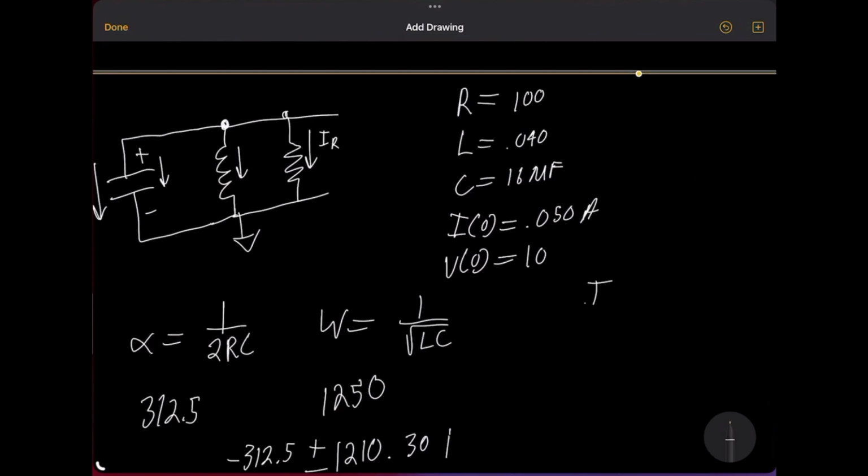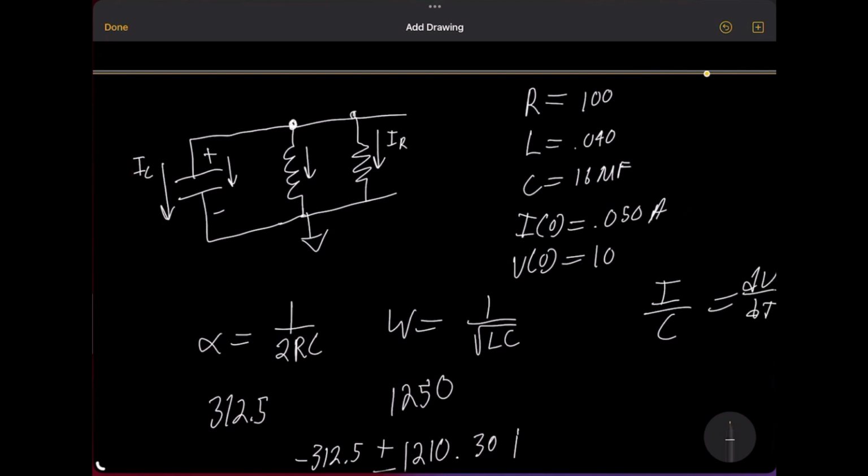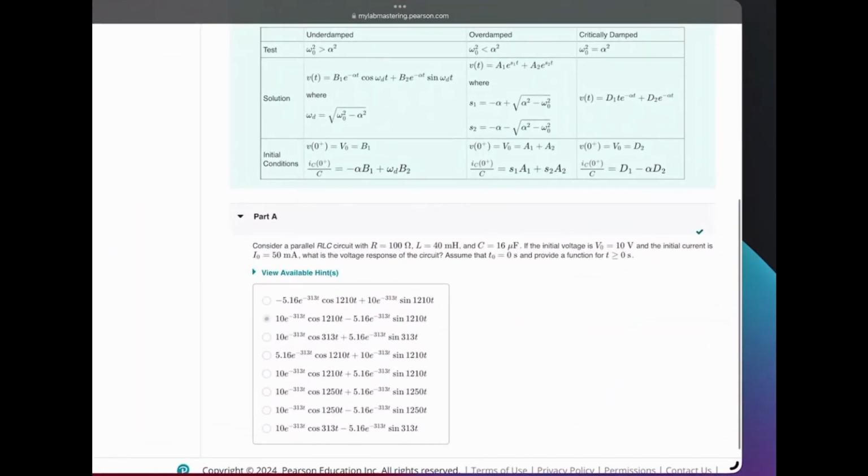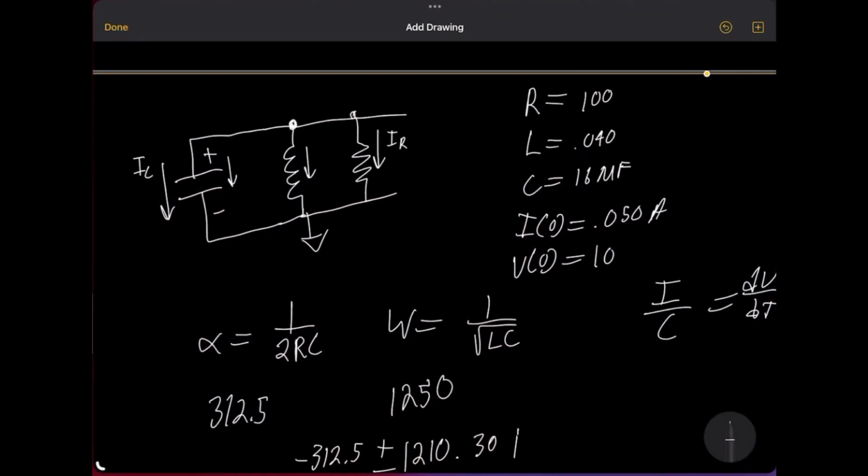I over C is equal to dv dt. To find that value, we need to find the current going through the capacitor. We know the initial current through the inductor. We need to find the current through the resistor, which is going to be voltage, 10 volts, divided by 100.